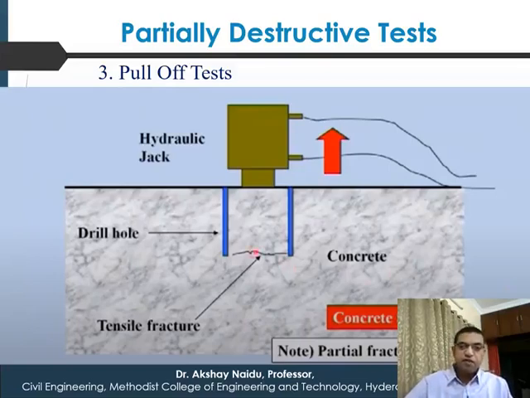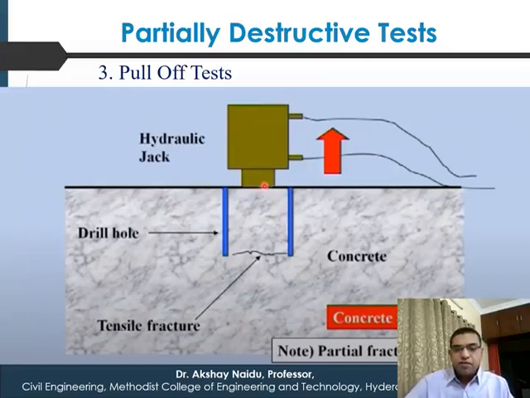In pull-off test, first a portion of the concrete is just drilled. That means there's a hole in a cylindrical portion here. So we have drilled and cut. Now we put a metallic piece here, and we bond this metallic piece very strongly with epoxy and resin.